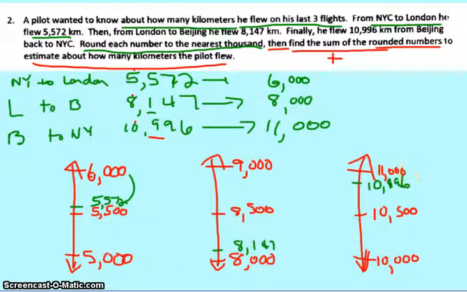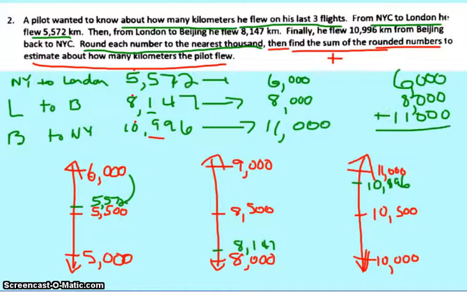Okay. Now we're still not done because it said then find the sum. So if we add all these up, one of the things we can do is make sure that we add all our place values correctly. So let's make sure we write them down. So 6,000, and then I have 8,000, and then I have 11,000. I'm counting all thousands.